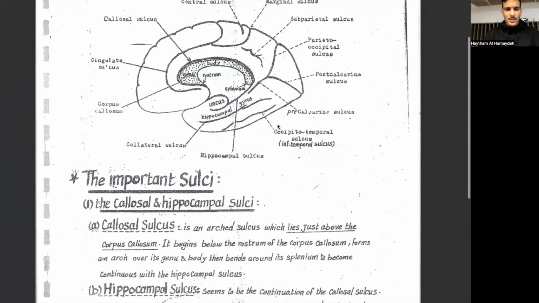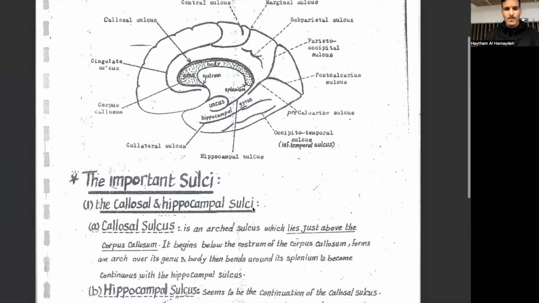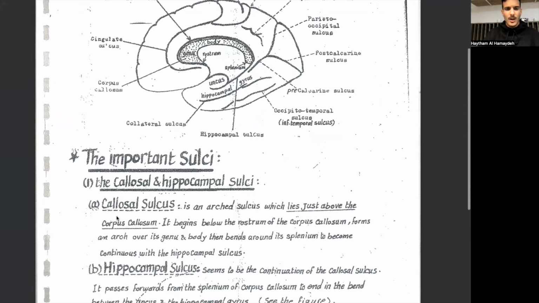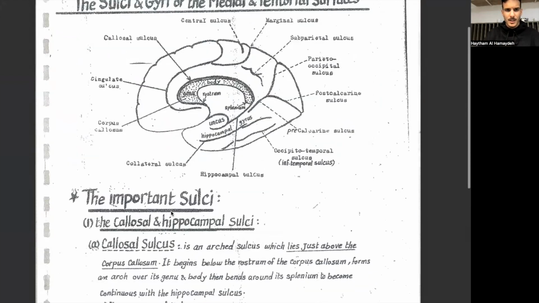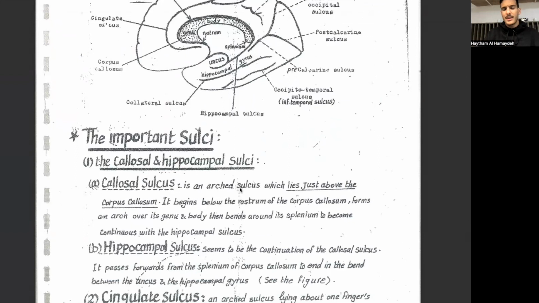Important sulci: the callosal and hippocampal sulci. The callosal sulcus is an arched sulcus which lies just above the corpus callosum.